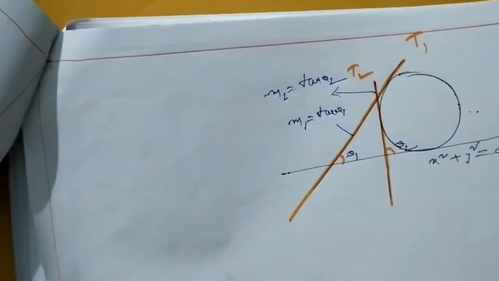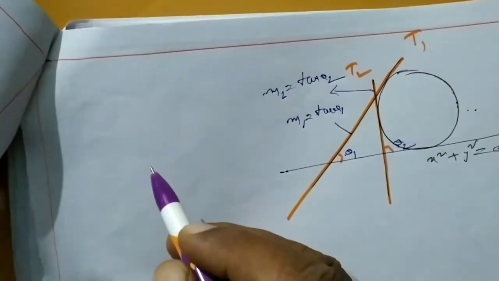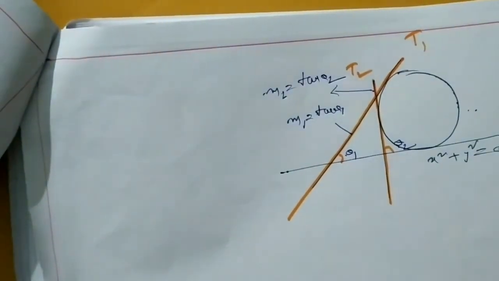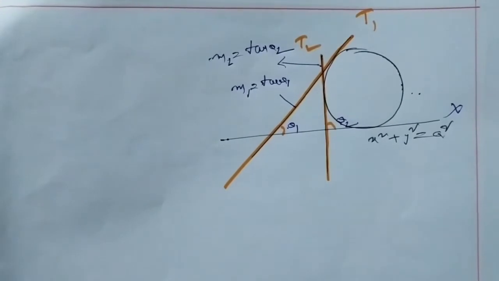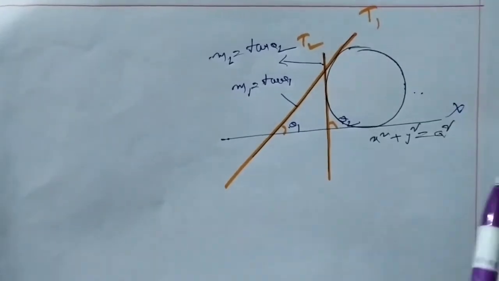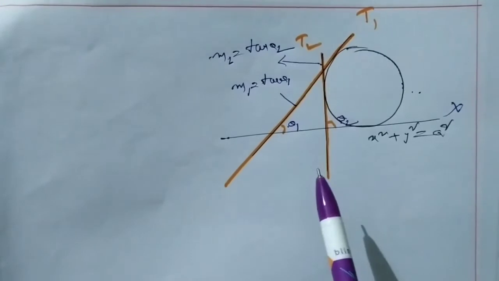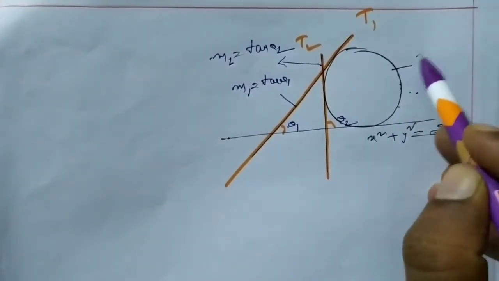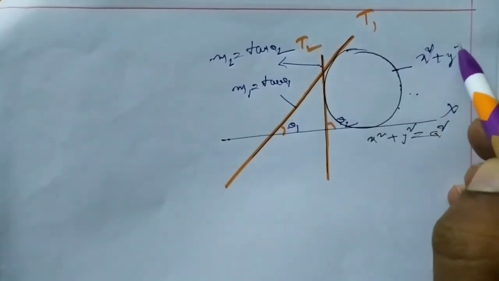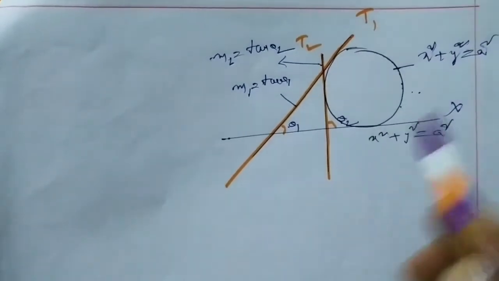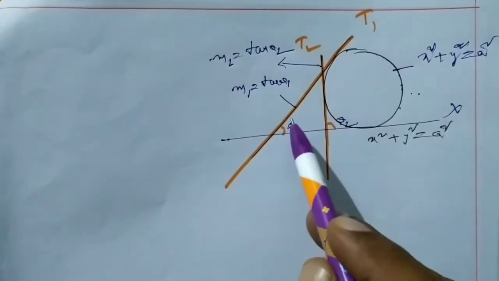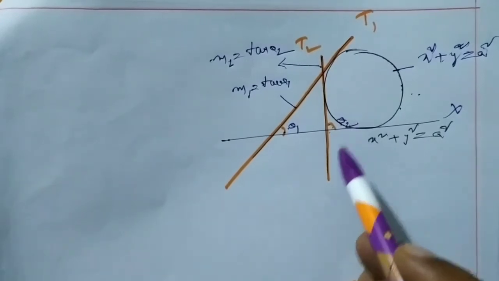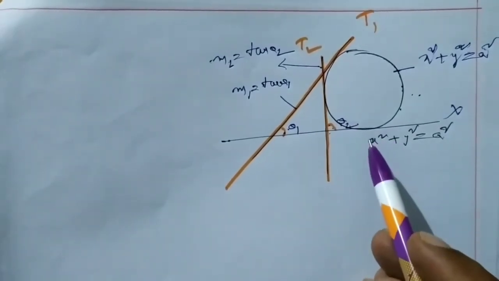Whenever we are seeing the relation, from the data we can understand through this diagram: a given circle x square plus y square is equal to a square, and the tangent T1 is making an angle theta 1 with the x-axis, tangent T2 making an angle theta 2 with the x-axis.